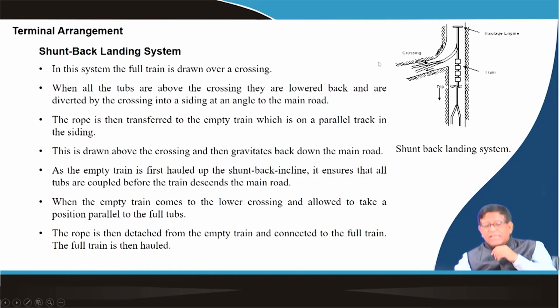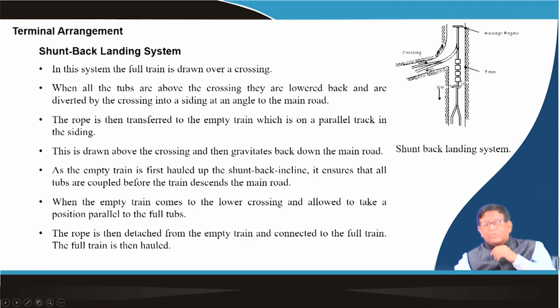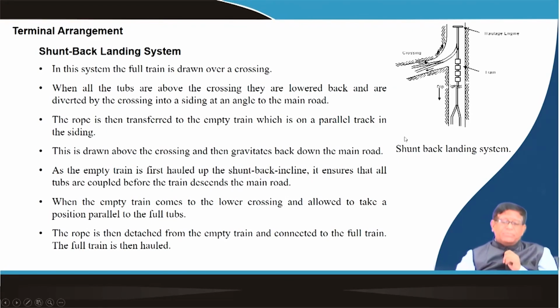If the shaft is here, after that the empties will be brought over here in another line, and then these empties will be connected to this rope and go. So, this arrangement is called the sandbag landing system, that will have to be made. So, this is the sandbag landing system.